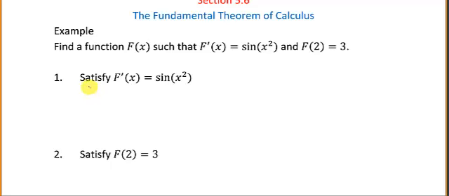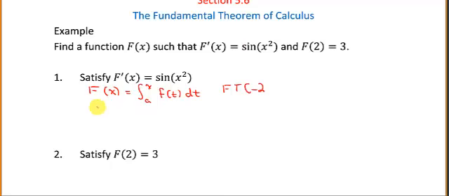Remember that one way to get an antiderivative of little f is to calculate a definite integral from a to x of little f of t dt. In this case, this is what the fundamental theorem of calculus part 2 tells us, and this would give us an antiderivative of little f.